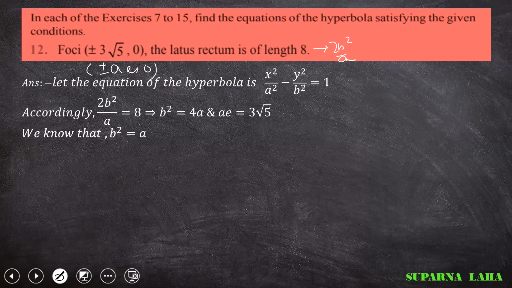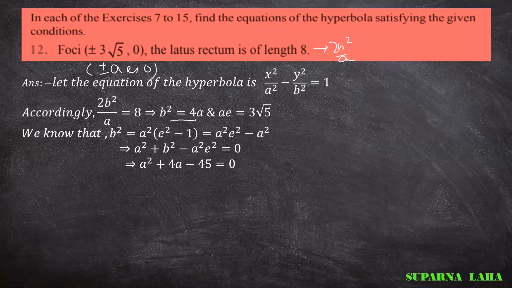Now from the same equation, b² is equal to a²e² − a². From here you can write a² + b² − a²e² = 0. So a² + 4a, since b² is equal to 4a, look at here, put the value of b² and a²e², that is (3√5)². So 3² is 9 and 9 into 5, 45.